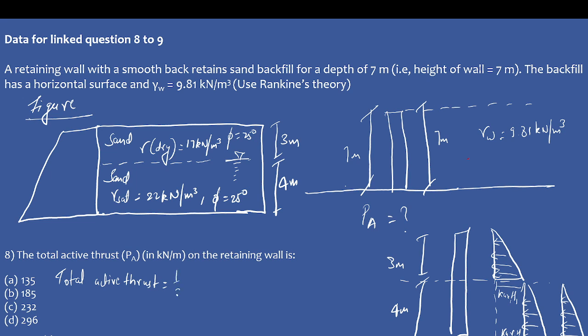This will be your half K gamma 1 h1 square, plus K gamma 1 h1 into s2, then half K gamma 2 s2 square plus gamma w s2 square.